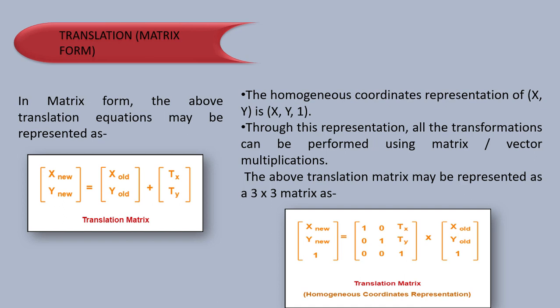So we can represent it in the form of a 3 by 3 matrix: x new, y new and 1 equals the matrix with tx and ty, multiplied by x old, y old and 1. These are the homogeneous coordinate representations for the translation matrix.